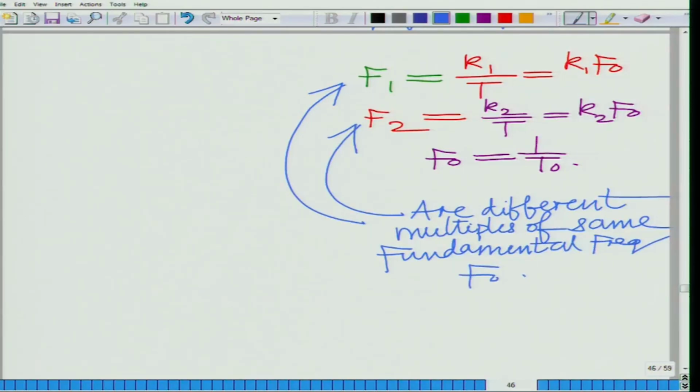These two frequencies f1 and f2 are different multiples, k1 times f0, k2 times f0, where f0 is 1 over T. We are considering two such pulses, square root of 2 over T cosine 2 pi f1 t, square root of 2 over T cosine 2 pi f2 t.